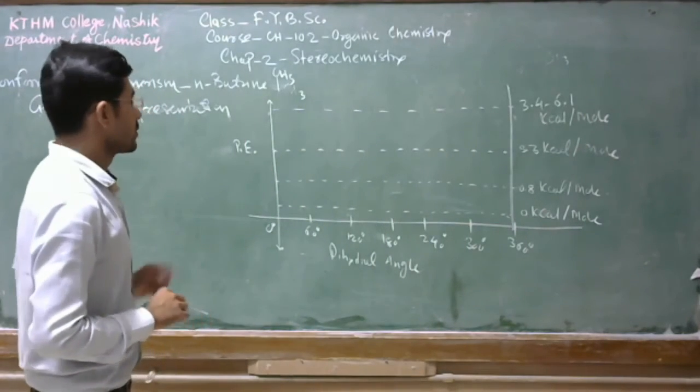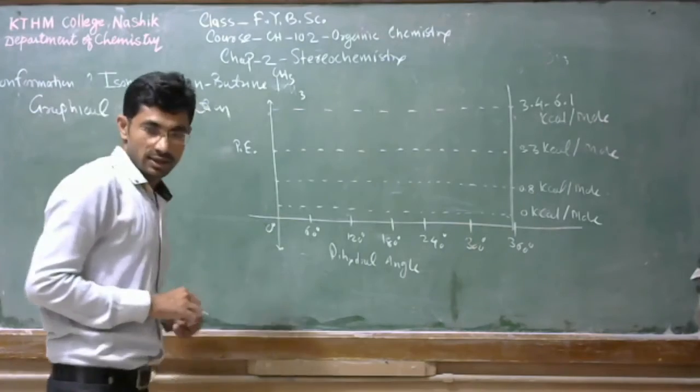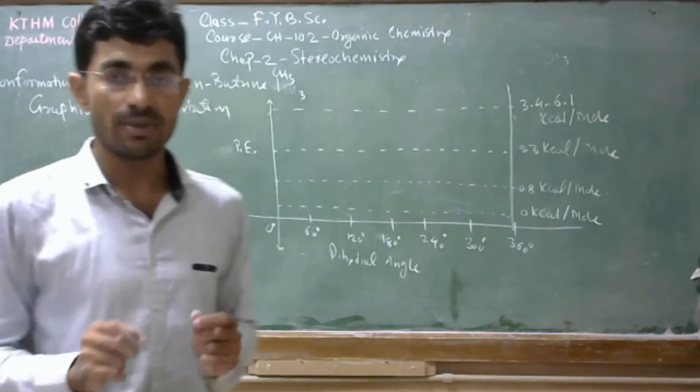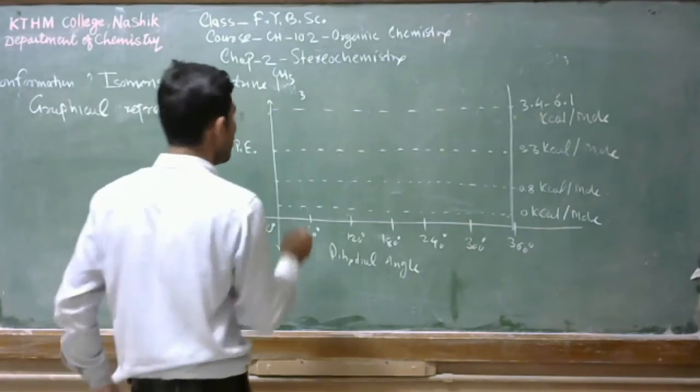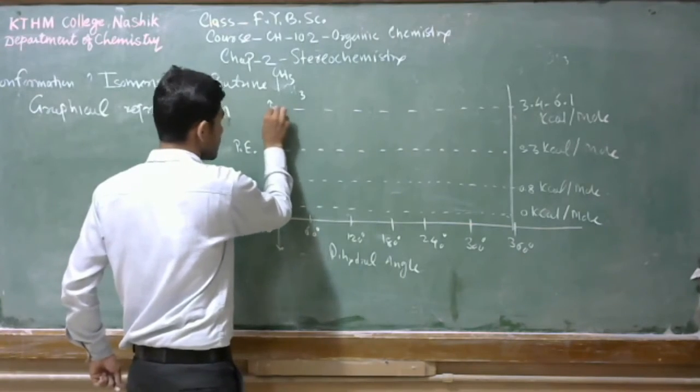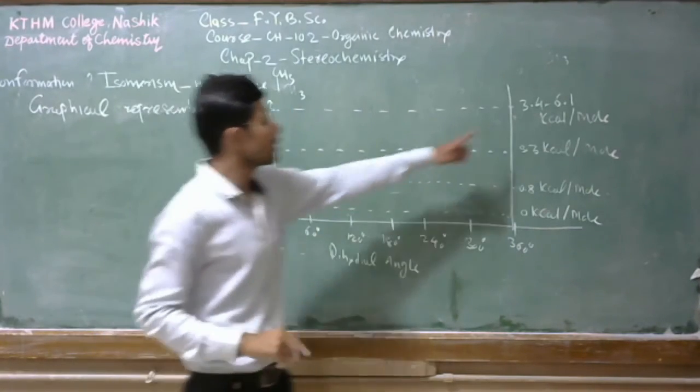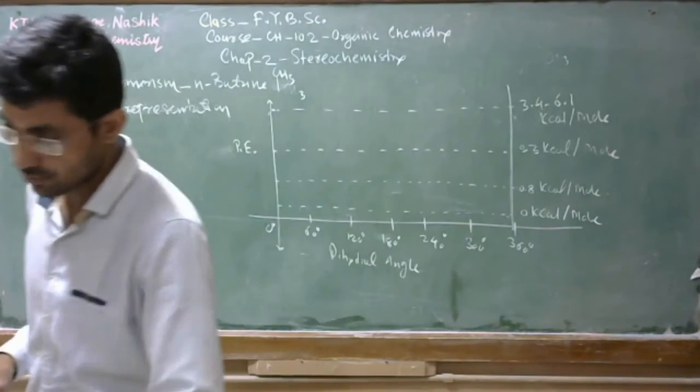So you know that very well. For angle 0 we can observe which conformation? That is the fully eclipse. For the fully eclipse conformation we can observe the energy 3.4 to 6.1 kilocalorie per mole.